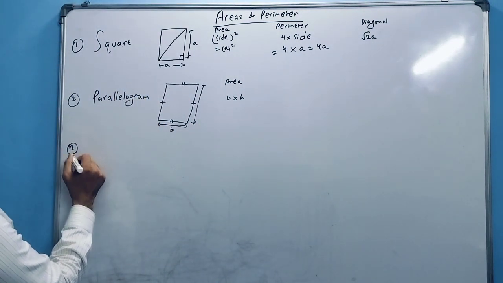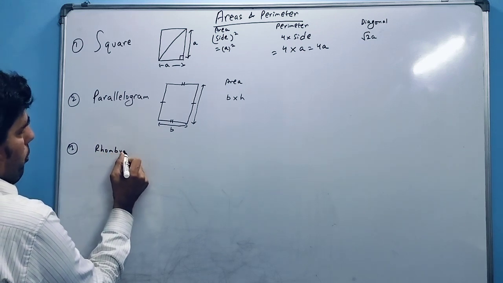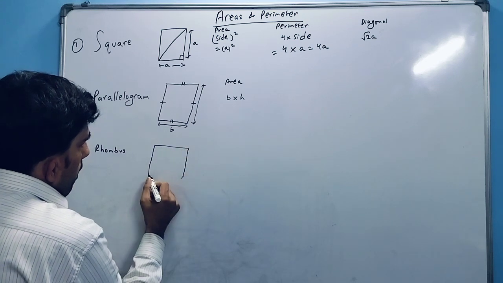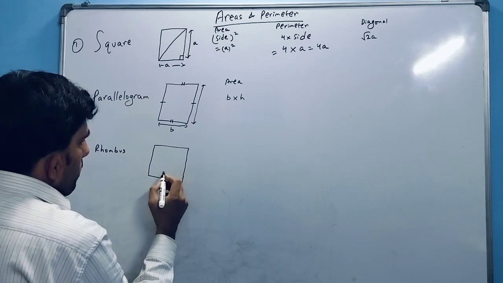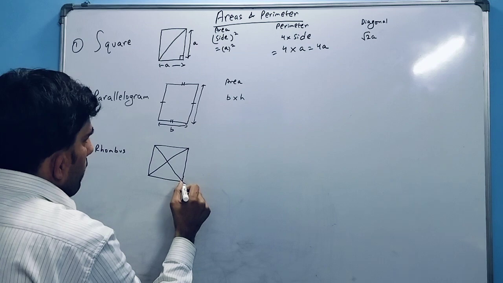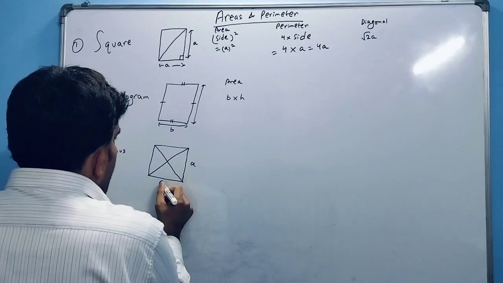Now if I move to rhombus, it will look something like this. Rhombus and square have some similar properties, like a rhombus also has all sides equal.